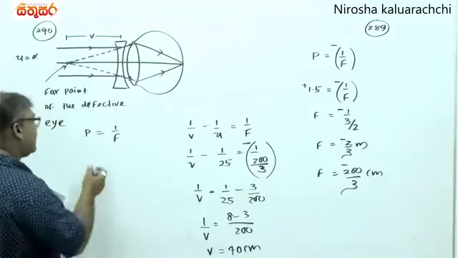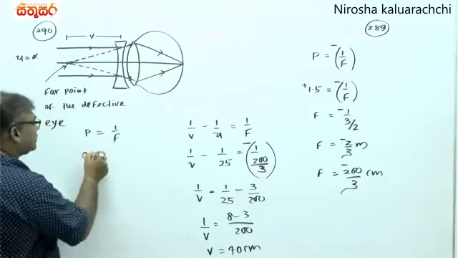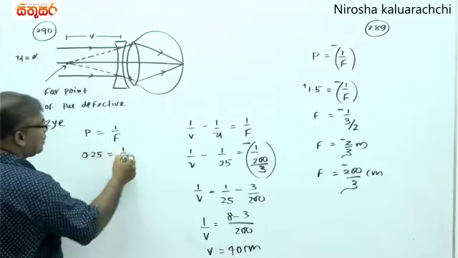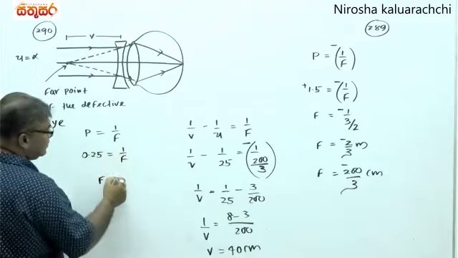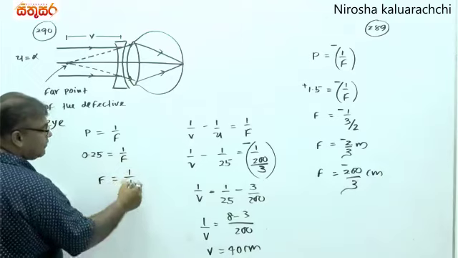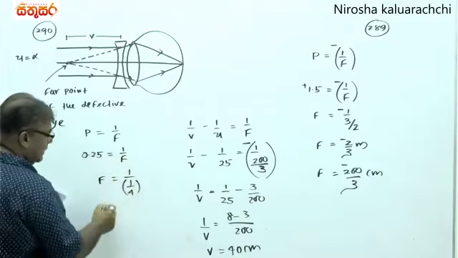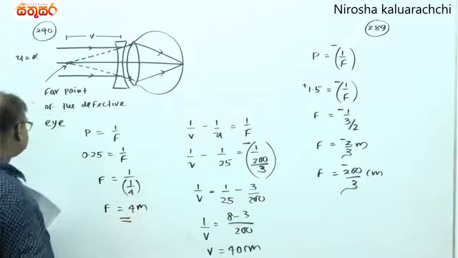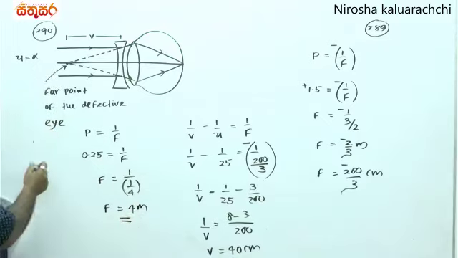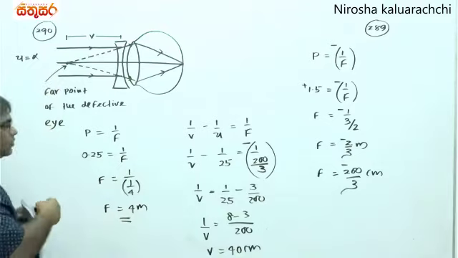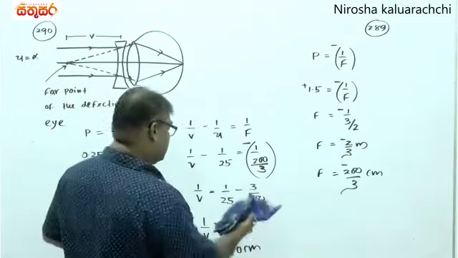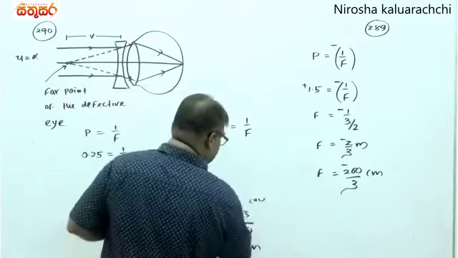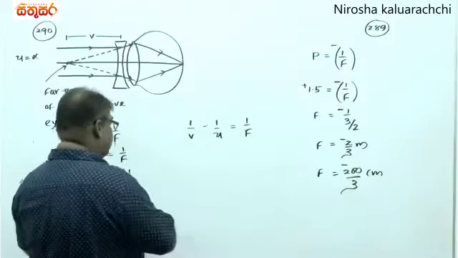Here 0.25 power equals 1 over F. F becomes 1 over 0.25 is 4, right? Then focal length is 4 meters. Then if you need, you can apply lens formula for the concave lens.